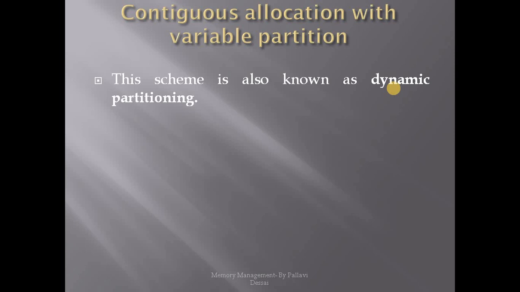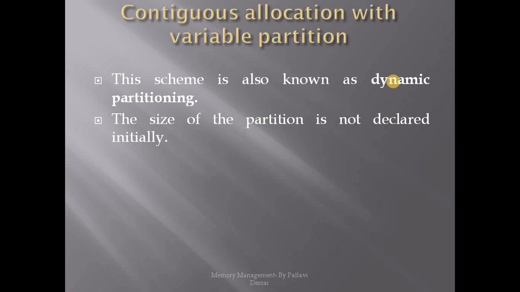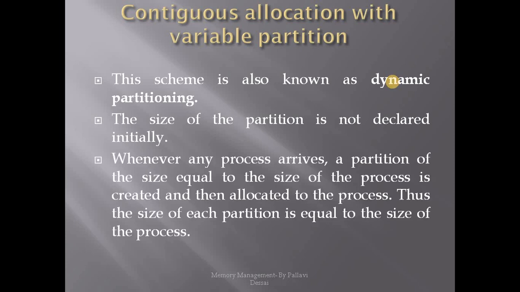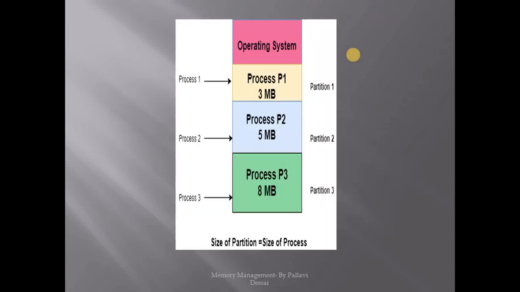This scheme came into existence to overcome the drawback, that is internal fragmentation, caused by static partitioning. The size of the partition is not declared initially. Whenever a process arrives, a partition of size equal to the size of the process is created and then allocated to the process. Thus the size of each partition is equal to the size of the process.